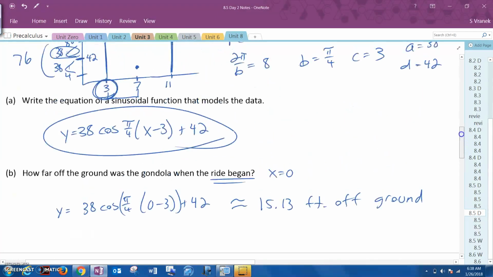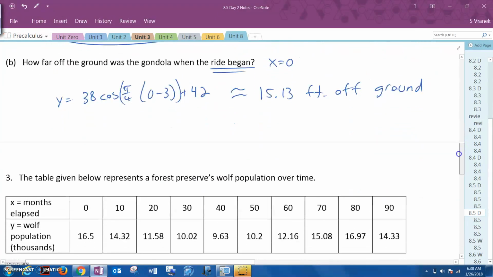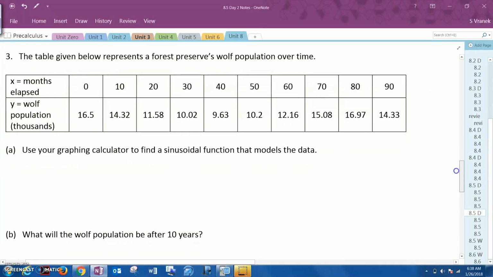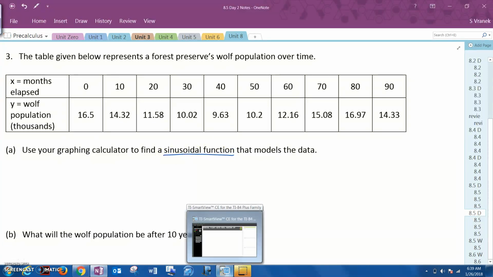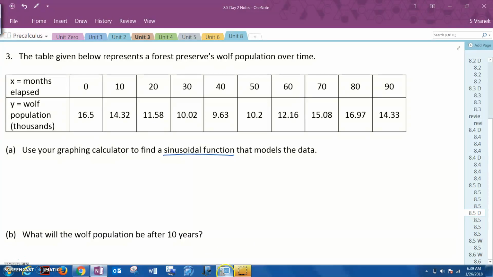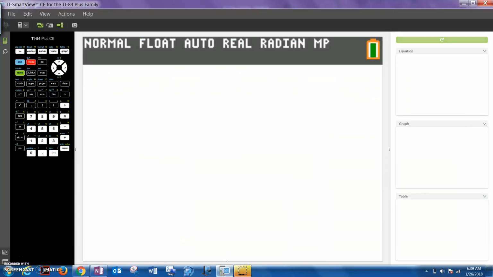So yeah, that's that. The last thing we're going to do is type data into our calculator, which you guys have done many times now. This time we're going to use it to find a sinusoidal function. I'm going to show you what the screen is, but then you're going to have to pause the video to type it in, because I already have it typed in. Get your calculator out.